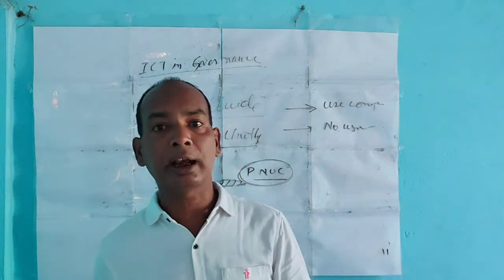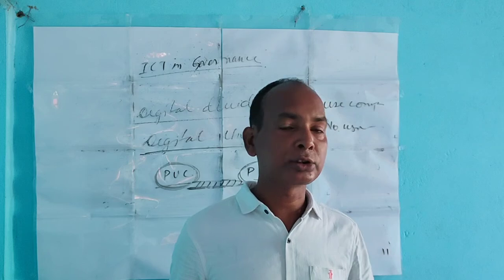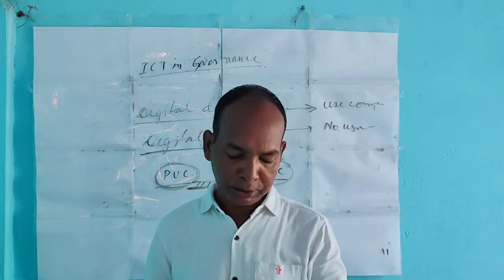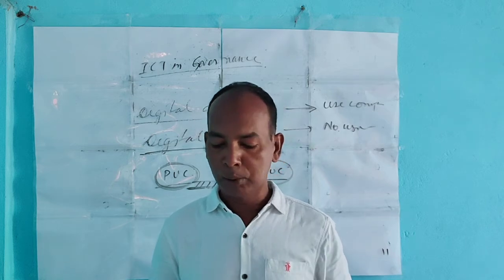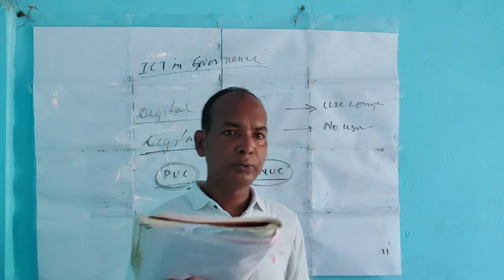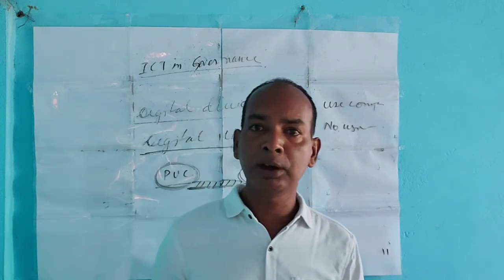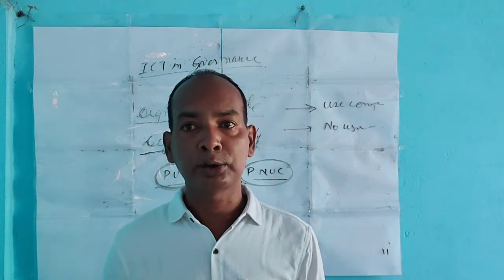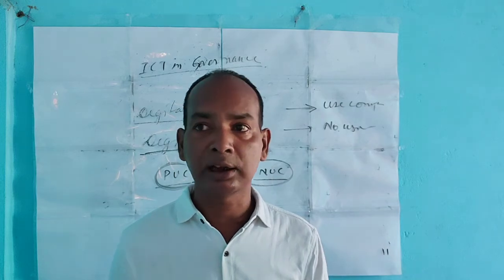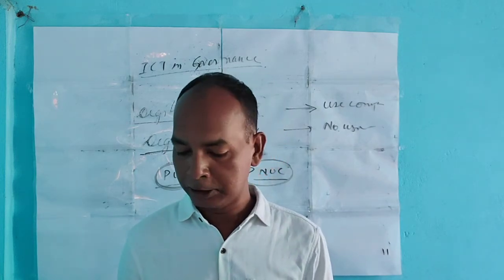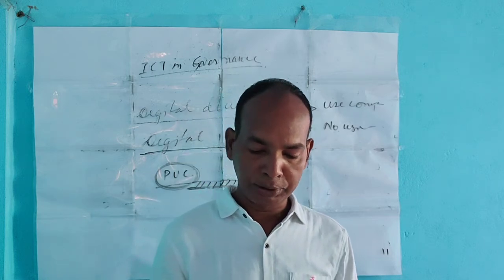So what is the duty for persons who do not use computers? First, if you have old computers, donate them to someone who cannot buy computers. If you have the capability to buy computers, if you have two or three computers, donate one computer to that student, that house, those guardians who are not able to purchase a computer.